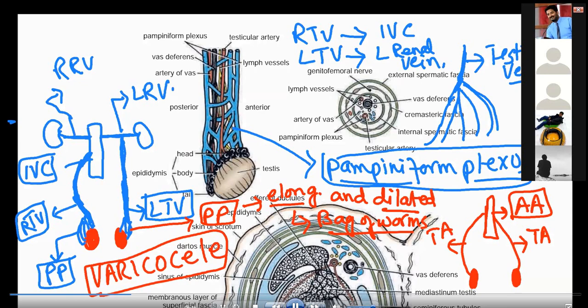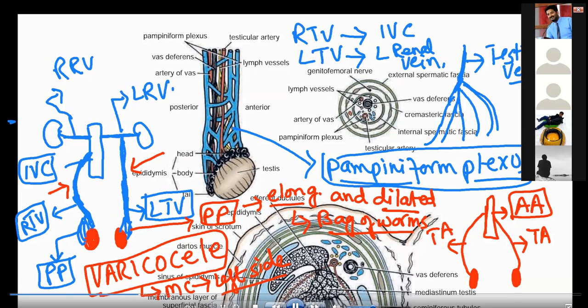And most commonly you are going to find varicocele on the left side. Mostly on which side? Left side. This is the reason. On the right side, the venous drainage is into a very large vein, your inferior vena cava.